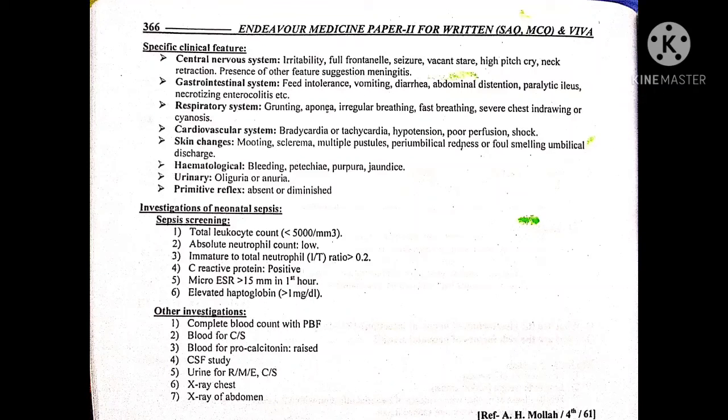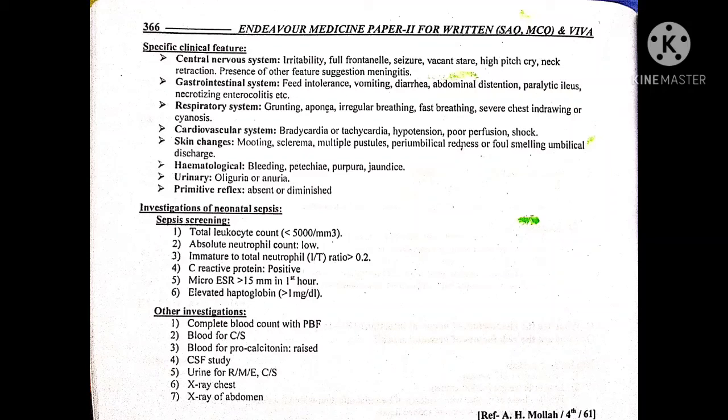Immature to total neutrophil, I by T ratio, will be more than 0.2. C-reactive protein is positive. Micro ESR is more than 15 mm in the first hour. Elevated haptoglobin, more than 1 mg per deciliter.